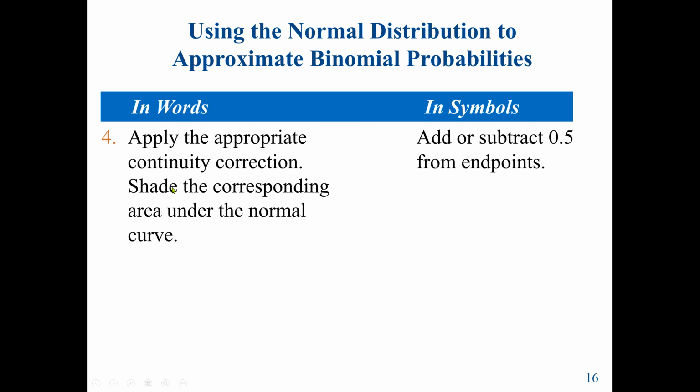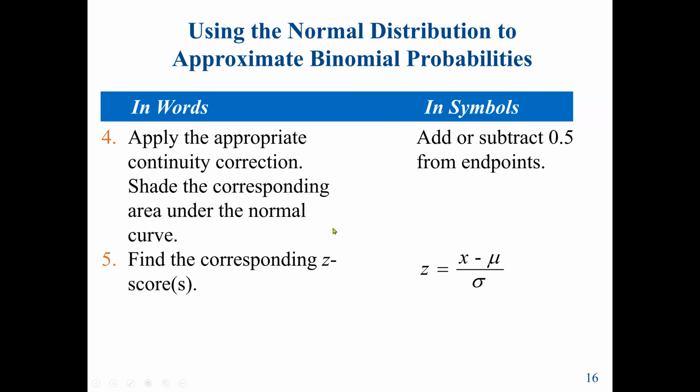And the last step, again, is where we do the correction of continuity. Apply the appropriate continuity correction, which means we add 0.5 to the right and subtract 0.5, shifted to the left. Then shade the corresponding area on the curve for the normal distribution.